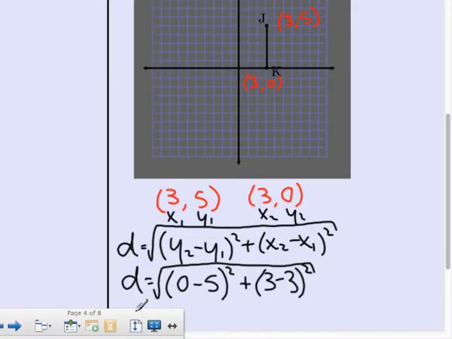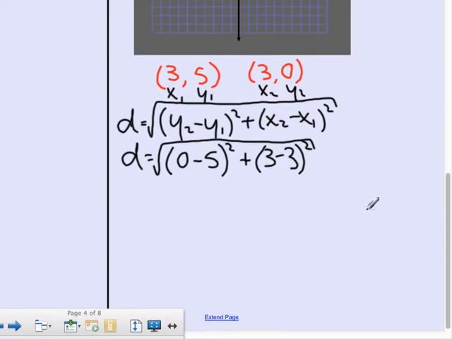What we're actually going to do here is go through and simplify these values. Under the first parentheses, 0 minus 5 is negative 5, and we'll square that. 3 minus 3 is 0, so that goes away. You can write it in this step for now so you can see that it is just 0.